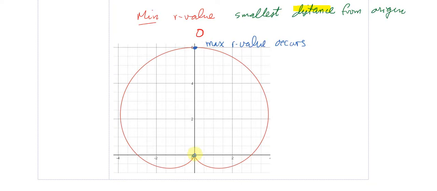And then this right here is where the minimum R value occurs. So the radius, in other words, is at its very, very smallest right at that point.